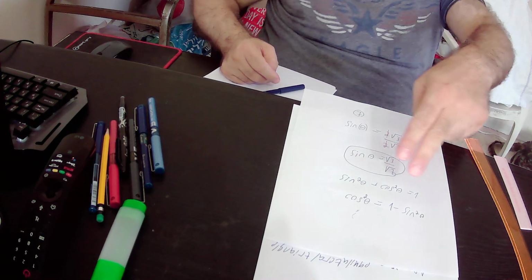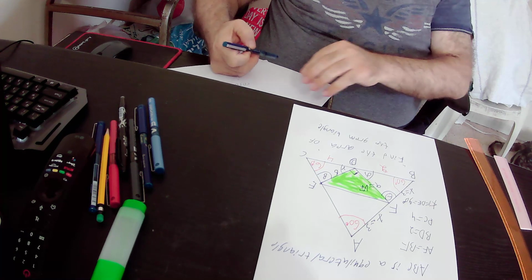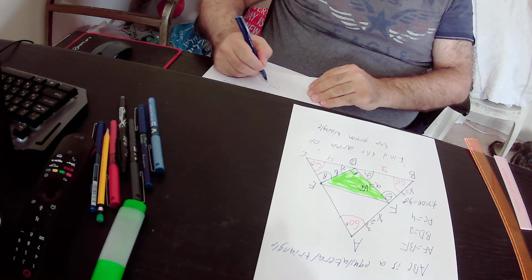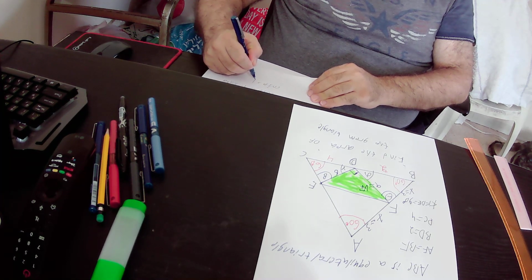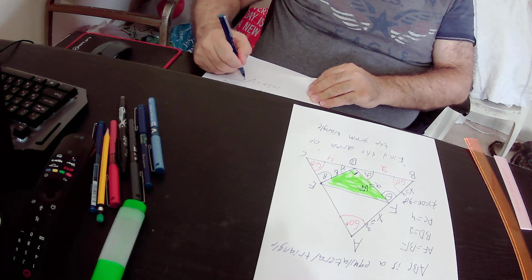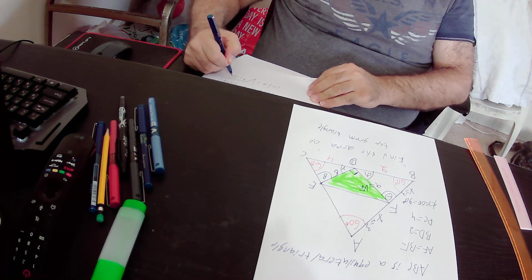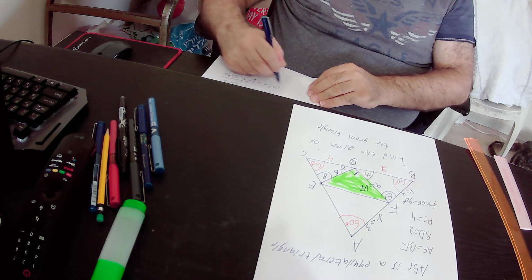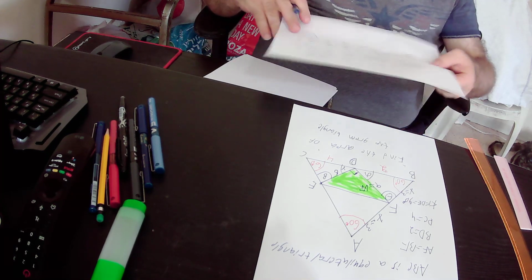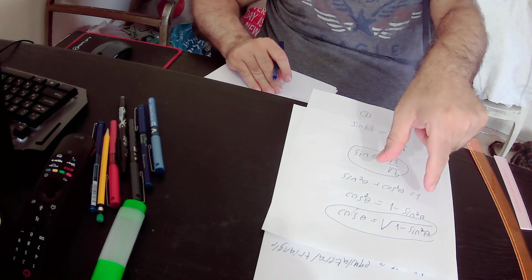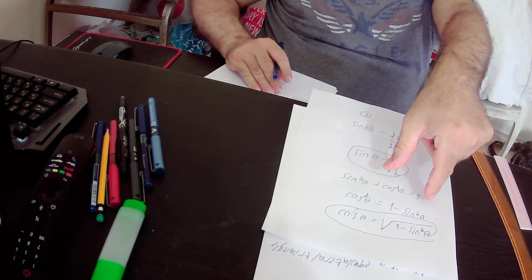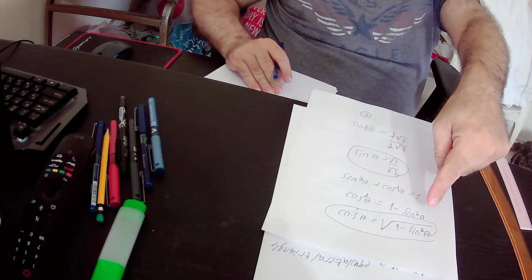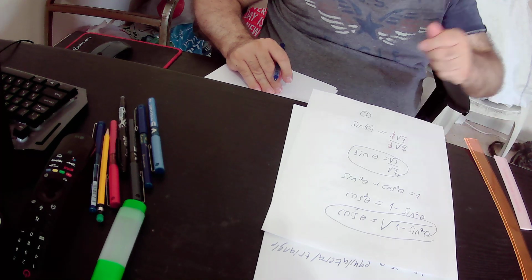Now we will take a root out of this equality, and we will get that cosinus theta equals the root of 1 minus sinus theta squared.